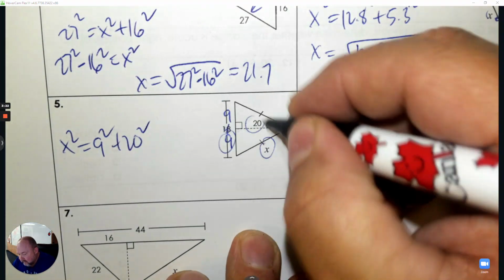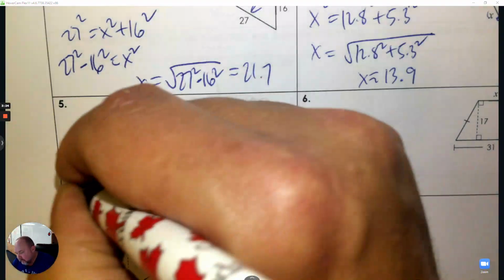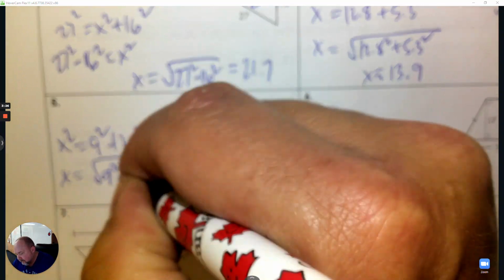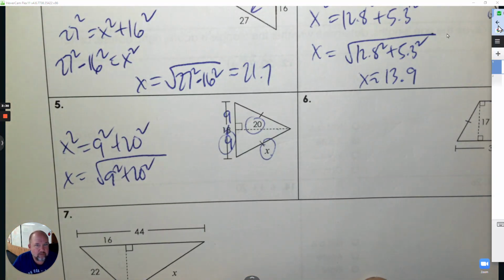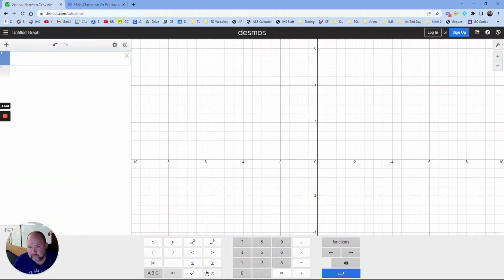So I use 9 and 20 to find x, square root, and then solve it. So again, use a calculator. And you get 21.9.